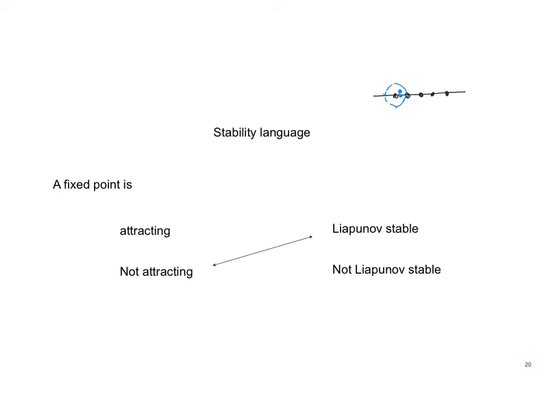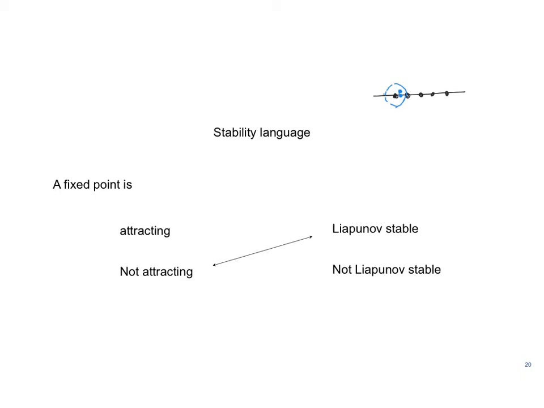So it will converge to another fixed point that is next to it. So actually the system itself is not attracting. So if we are talking about that fixed point, I'm just pointing in here, this fixed point is actually not attracting in this case for this particle, but it's Lyapunov stable because the particle remains in this neighborhood.